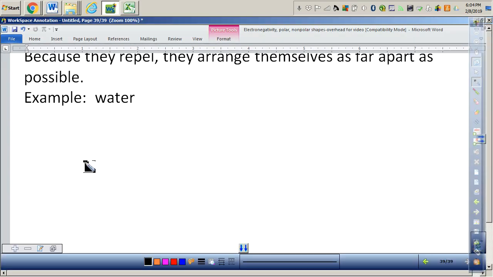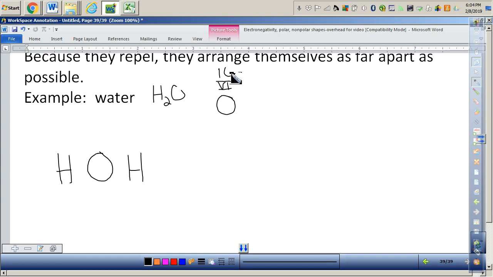So we're just going to start with a quick overview of Lewis dot structures, just in case you need a refresher. So water, H2O. Now the valence electrons you're going to find at the top of the column. So above oxygen, you should see a Roman numeral 6 or a 16.